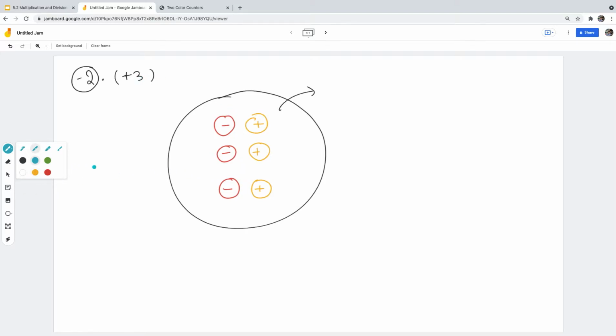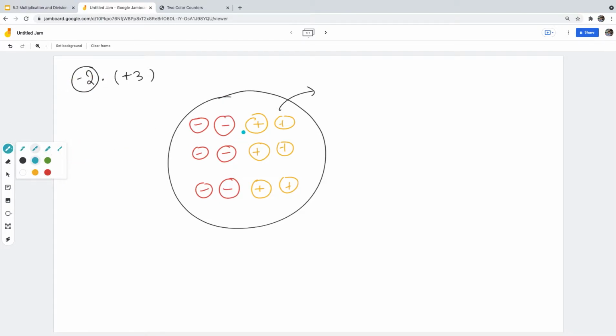So now I can take away two groups of positive 3. So I'll actually have more than that, right? If I continue that, if I have 6 positive chips and 6 negative chips, it's still 0 because all of this can be paired up and cancelled out. So this is still 0, but I can take away two groups of 3.